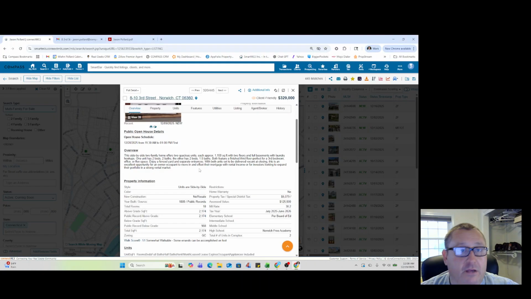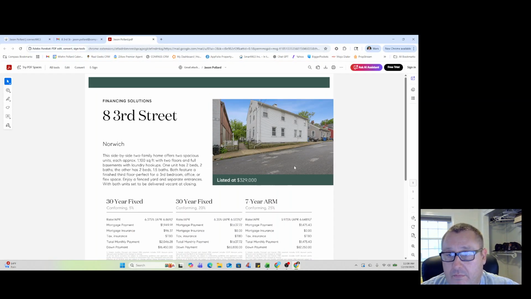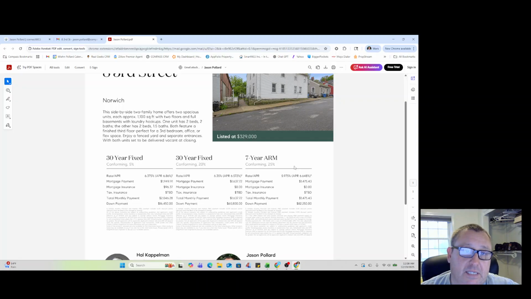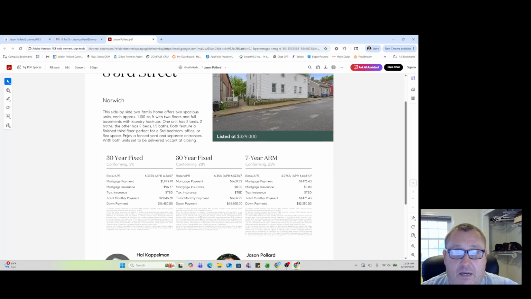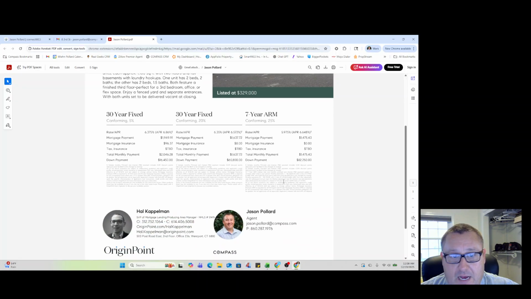We're going to go ahead and use one of, I got to find it here. So one of our partners with Compass sends out this nice financing solution sheet for properties. And it has a couple different options here. So unfortunately there is no FHA or VA, but generally that's a little bit lower than a conventional type loan.